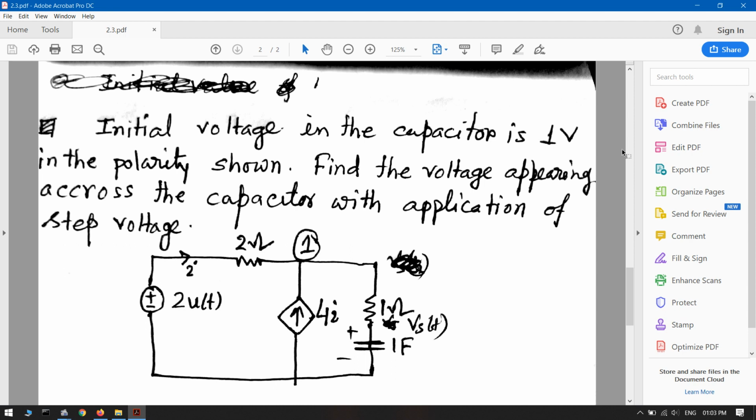So voltage difference across the capacitor, that is Vs of S minus V naught by S divided by 1 by Cs. So ultimately we got that is equal to Vs minus 1 by S, since V naught equal to 1 volt, by Cs. So we can write now V1 of S minus Vs of S equal to S into Vs of S minus 1. So combining this, we can easily write V1 of S minus S plus 1 into Vs of S equal to minus 1.